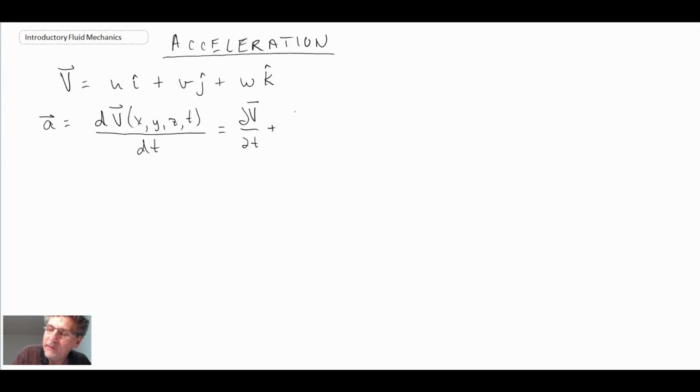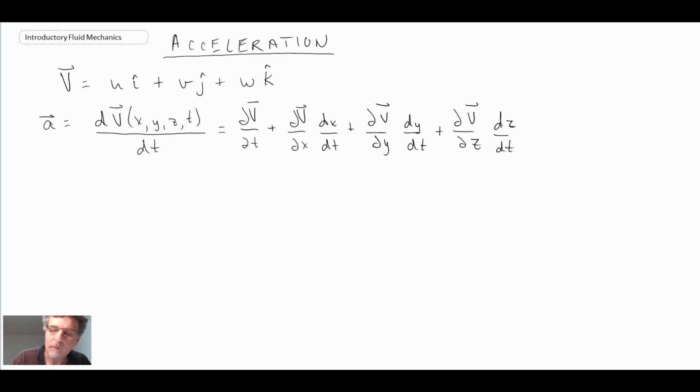We're using partial derivatives here because velocity is a function of more than one variable. And that was by the chain rule that we're able to obtain that.